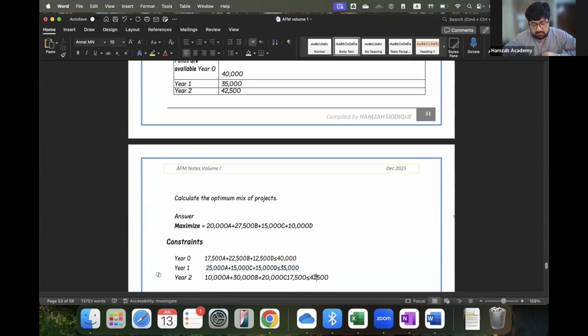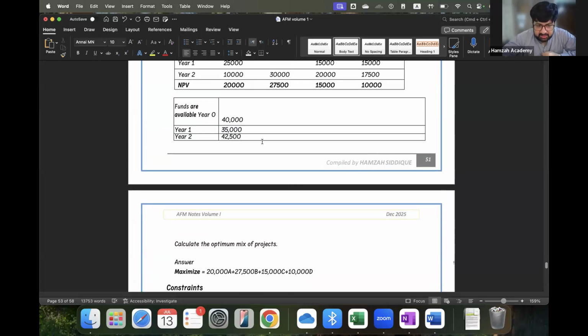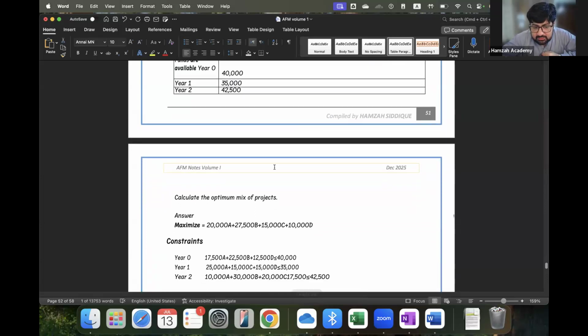Yes. And the third: 10,000 of A, 30,000 of B, 20,000 of C, and this of D should be less than or equal to 42,500. These constraints and this function, are they clear to you?